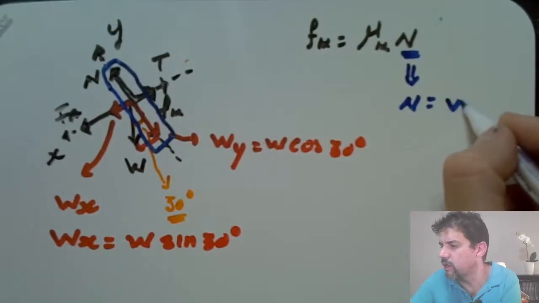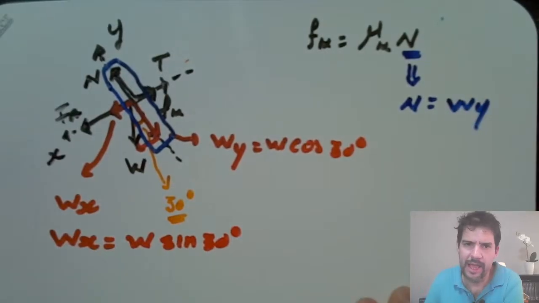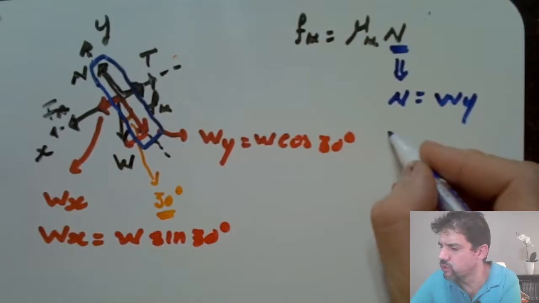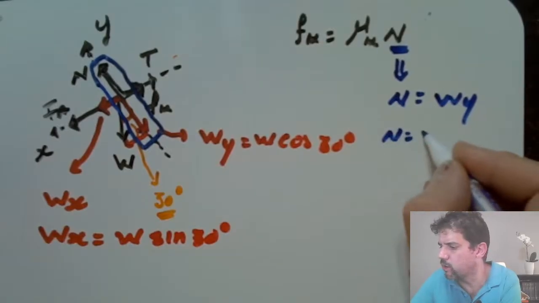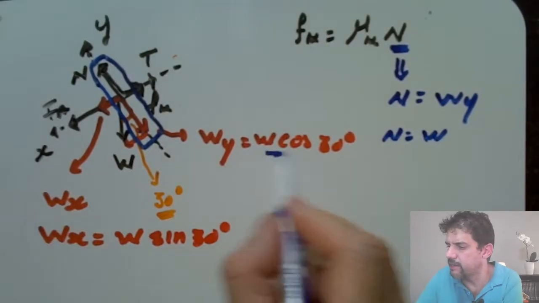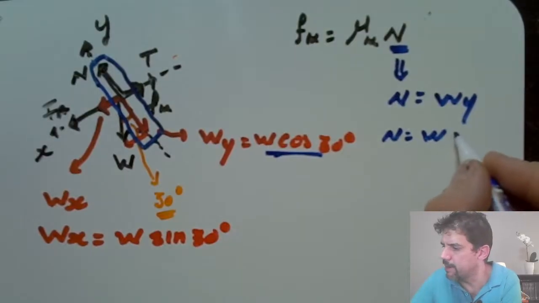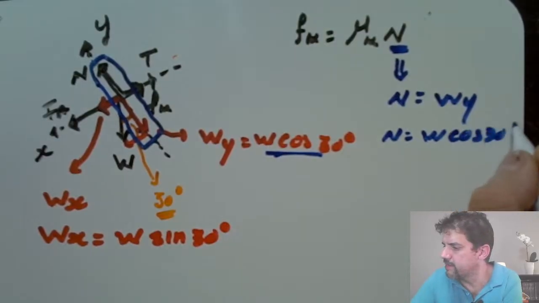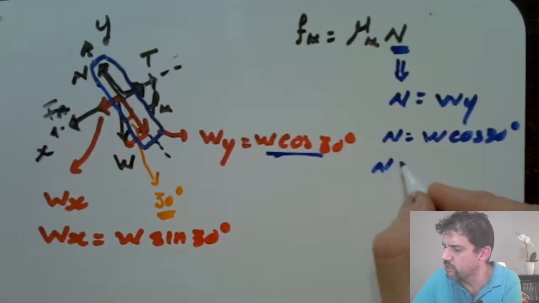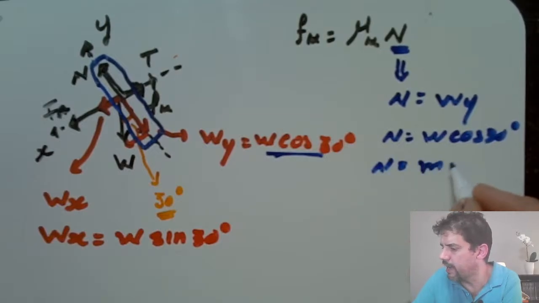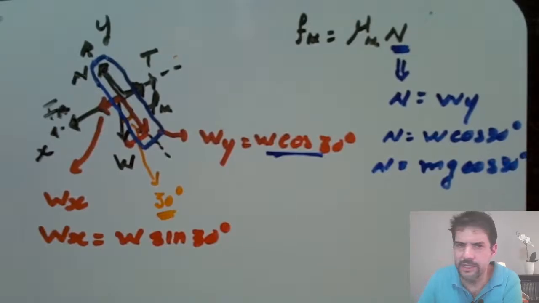Now you may do the substitution. Normal is equal to weight in y, which is mg multiplied by cos of 30 degrees.